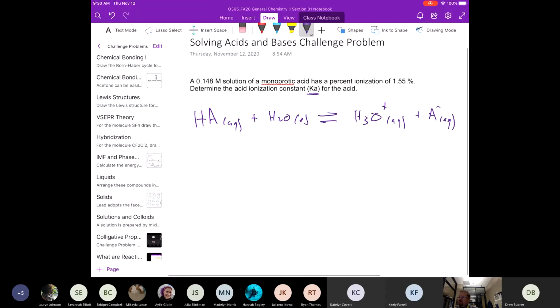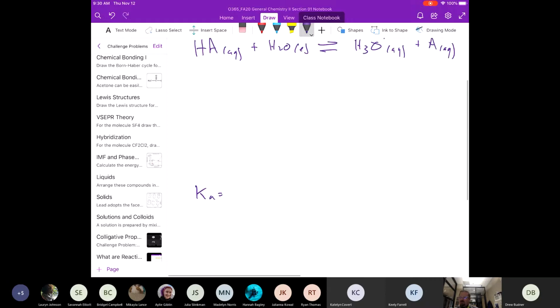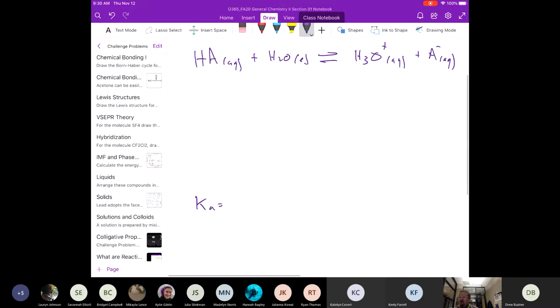I'm going to scoot down here a little bit, and let's define what this Ka is. The Ka for this reaction, again, just like all the other equilibrium expressions, is going to be the products over the reactants. So we are going to take the concentration of the products, H3O plus, raised to its coefficient, which is a 1, times the other product, again, 1.